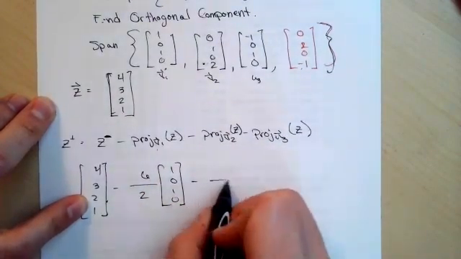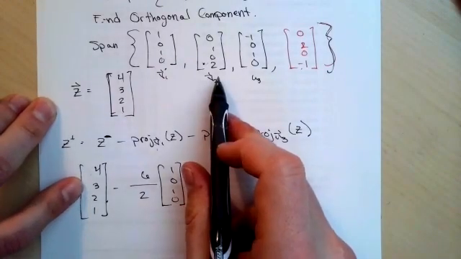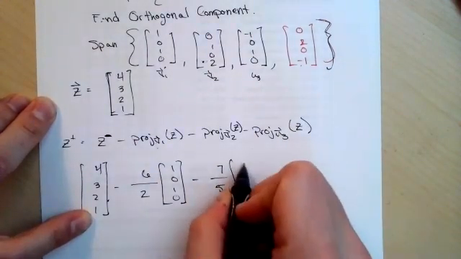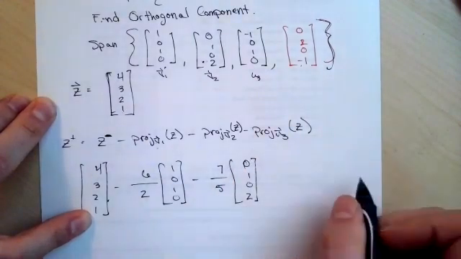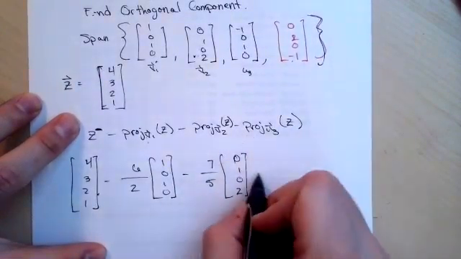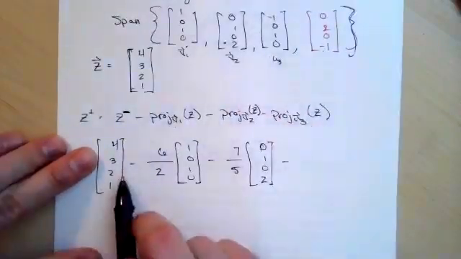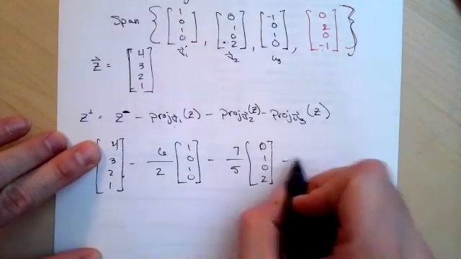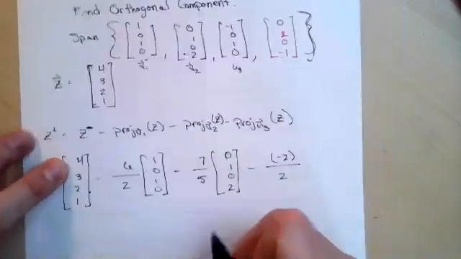Minus, the norm of V2 was 5, and then the dot product of these two is going to be 3 and 4, so 7. And then lastly, our dot product between z and U3 is going to give us -4 and 2, so -2 divided by 2.